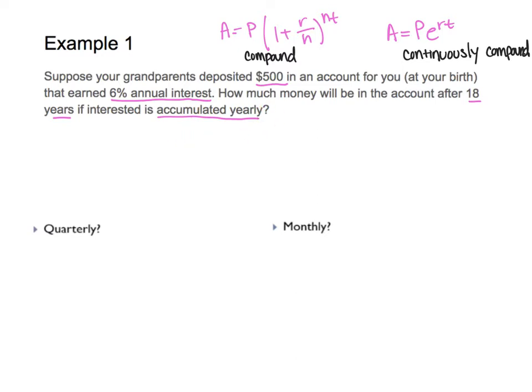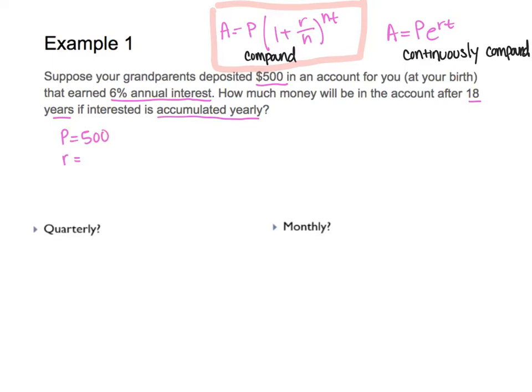So if we're using this formula here, let me highlight it. To use this formula, we need a P. P here looks like it is 500, because that's our starting amount. We need an R, which is our interest rate.